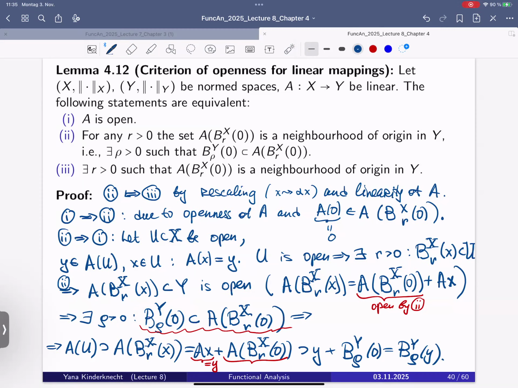So what do we have finally? U is open. y is any element of its image, and hence the whole neighborhood of y is included in this image. This means that A of U is an open set.